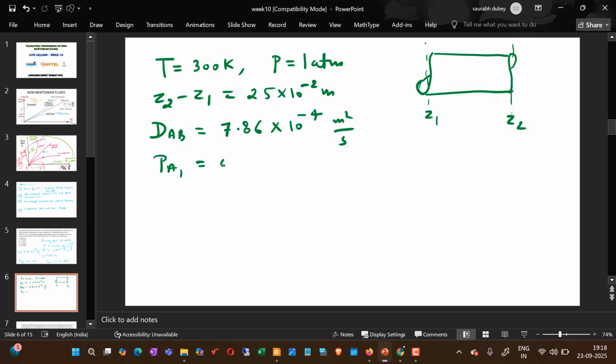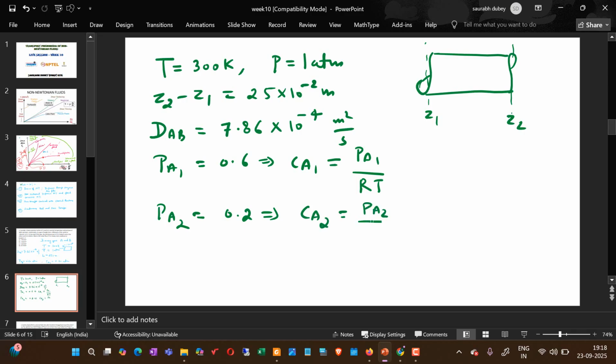PA1 equals 0.6, so partial pressure is given, so concentration CA1 will be given by PA1 divided by RT, and constant pressure is given. And similarly, PA2 equals 0.2, CA2 equals PA2 divided by RT, right?